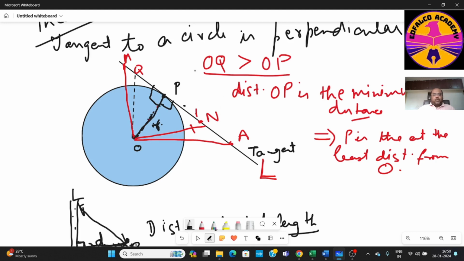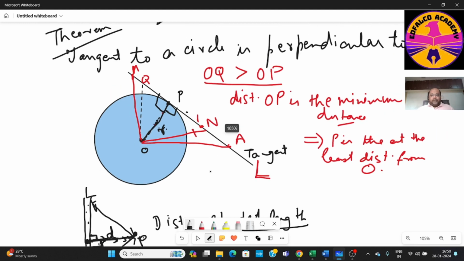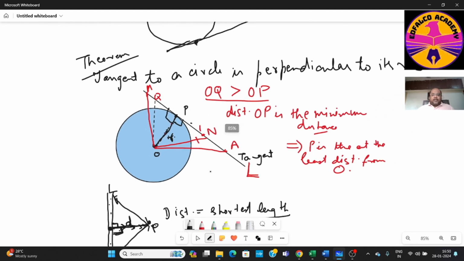And that is what this theorem was telling: the tangent of a circle is always perpendicular to its radius. And that's how we have proved it: since P is at the least distance from O, therefore OP must be perpendicular to line L, which is nothing but the tangent line.